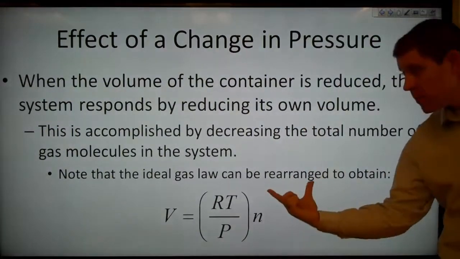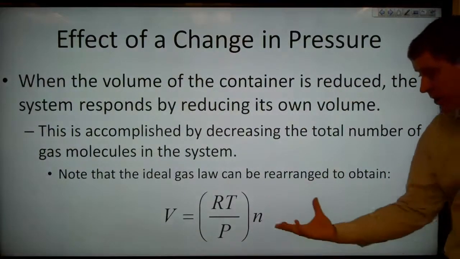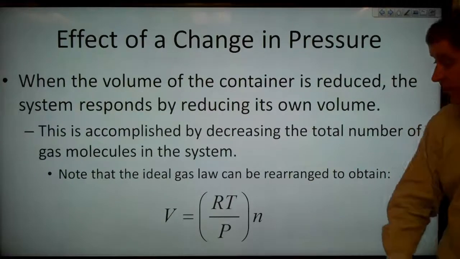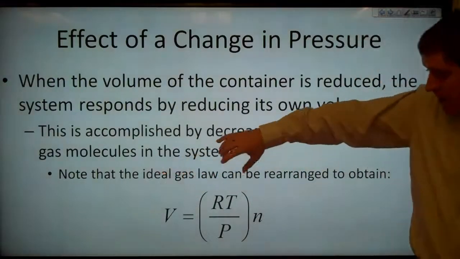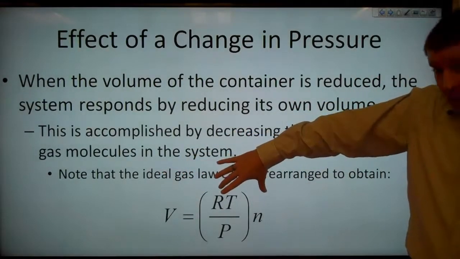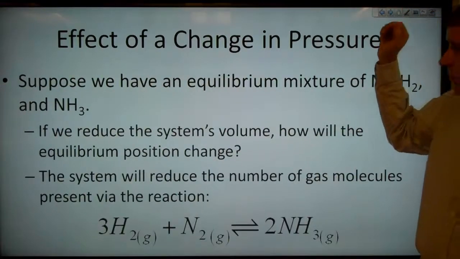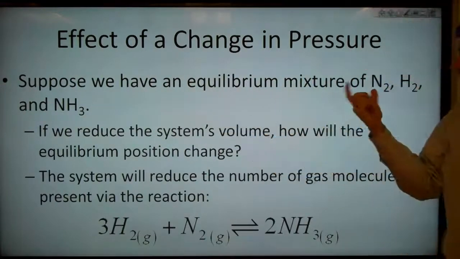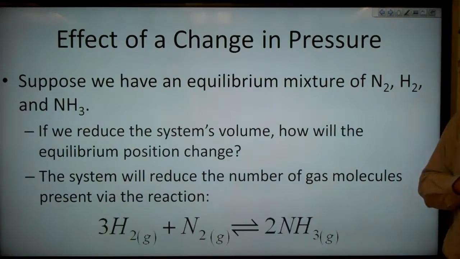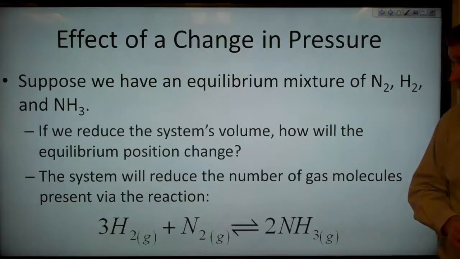So note that the ideal gas law can be rearranged to give us this expression, where volume is equal to RT over P times n, the number of moles. So suppose we have an equilibrium mixture of nitrogen, hydrogen, and ammonia. If we reduce the system's volume, how will the equilibrium position change?